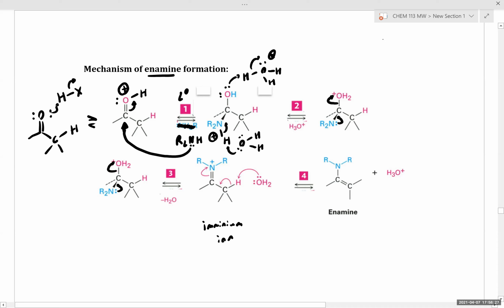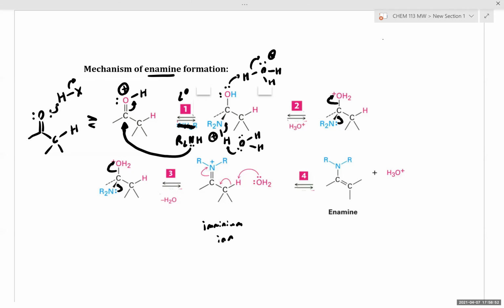Now, would someone like to tell me what is special about this iminium ion? What is unique because we have a secondary amine? Can we get a neutral isolable species by deprotonating this iminium ion directly? Is there a hydrogen still attached to our nitrogen?